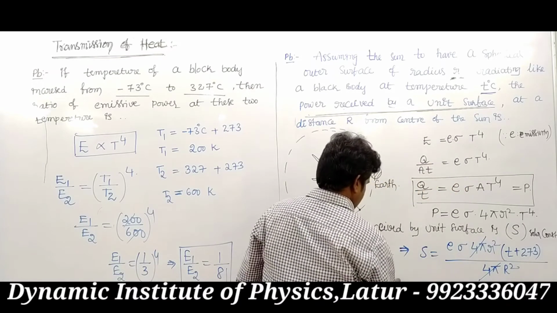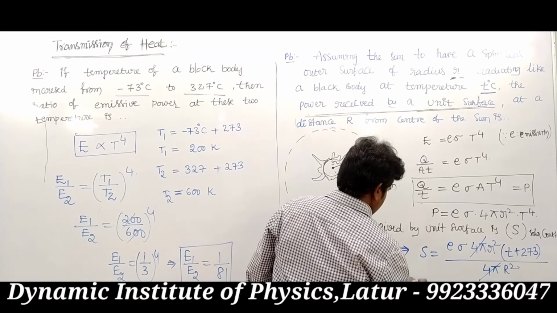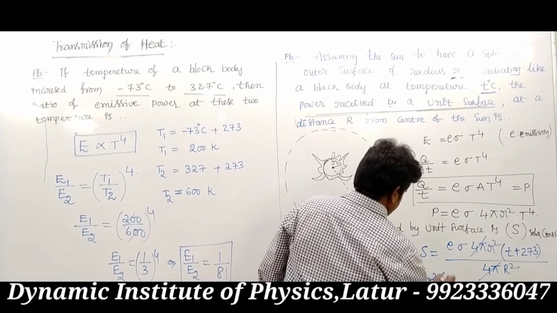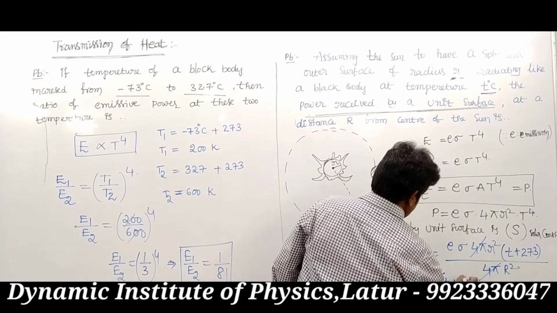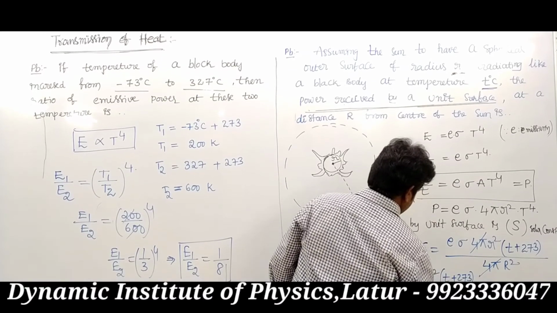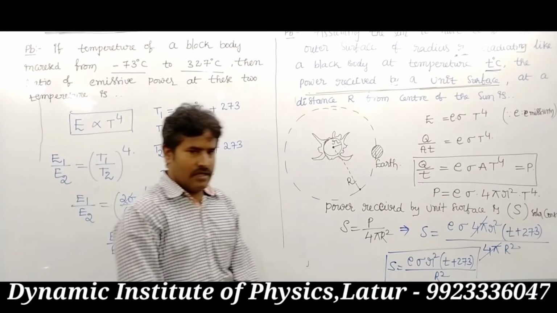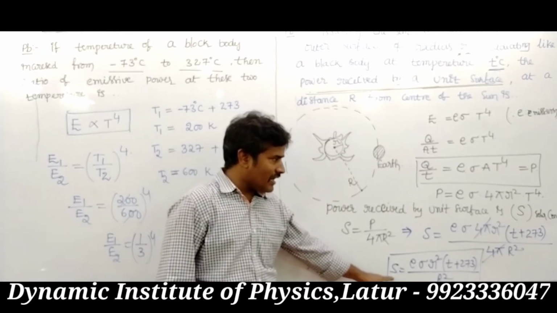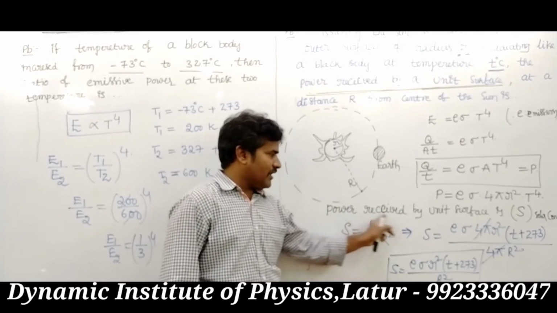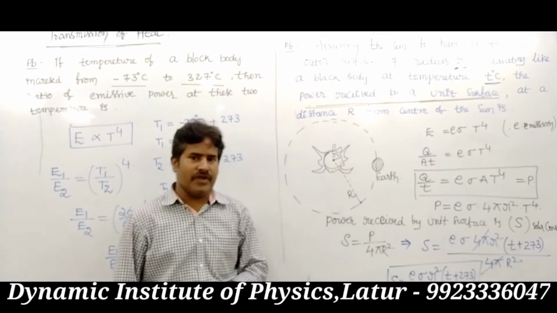Its value becomes S equals E into sigma into small r square into (t plus 273) upon capital R square. This is the solar constant, or the power received by unit surface area.